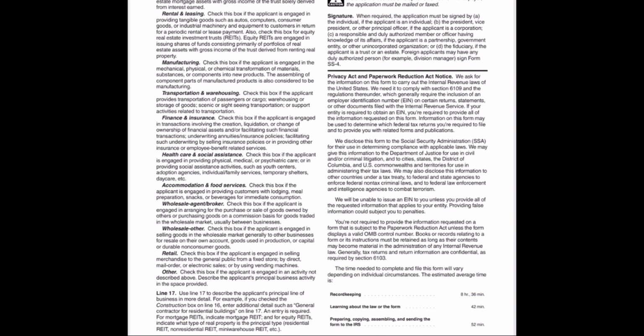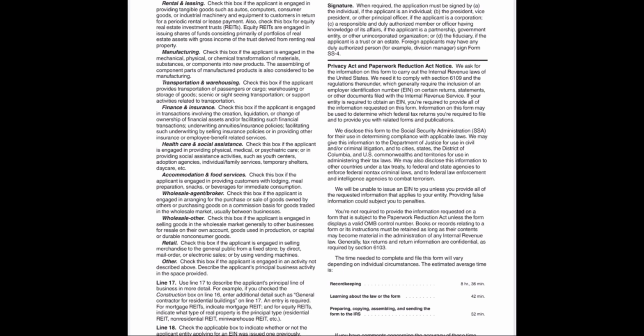We may also disclose this information to other countries under a tax treaty, to federal and state agencies to enforce federal non-tax criminal laws, and to federal law enforcement and intelligence agencies to combat terrorism. We will not be able to issue an EIN to you unless you provide all of the requested information that applies to your entity. Providing false information could subject you to penalties.